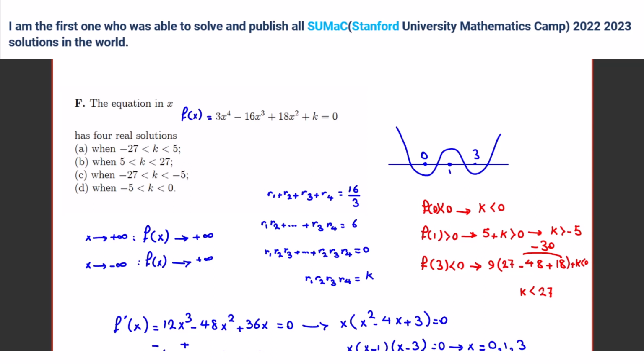It says k is greater than negative 5, but C says k is less than negative 5. I couldn't read the minus. Okay, so it has to be D.